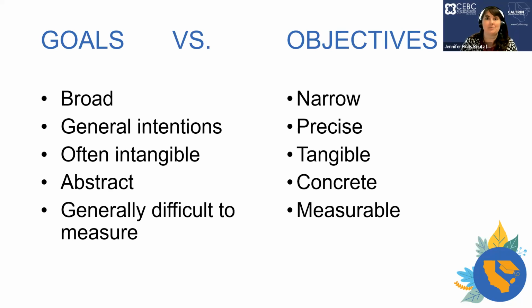They might be intangible or abstract, and they might be difficult to measure because they're so lofty. Whereas objectives, those are narrow, they're more precise, they're concrete, and really importantly, they're things that you can actually measure. And one of the resources that we have in the guide has a great quote, says that objectives are the stepping stones you pass on the way to reaching your goals. So they're kind of how you get to that final goal.